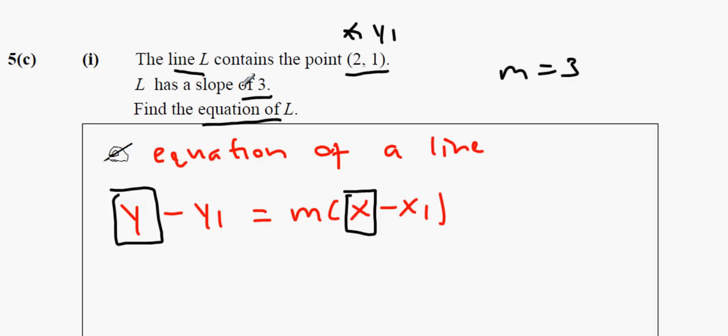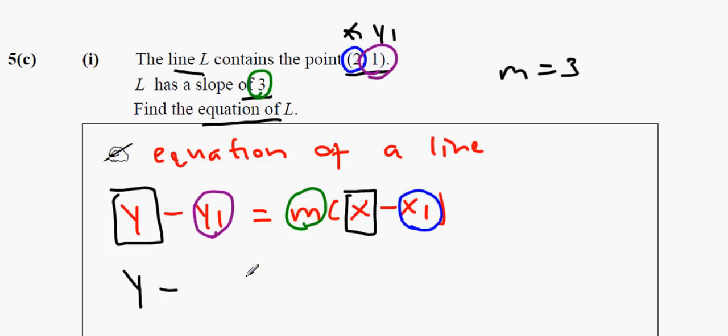The 3 is going to be the m, the blue is the x1, and the purple one is the y1. So what we can say here is the following: y is protected, y1 is 1, m is 3, x remains as x, x1 is 2, so hence minus 2.